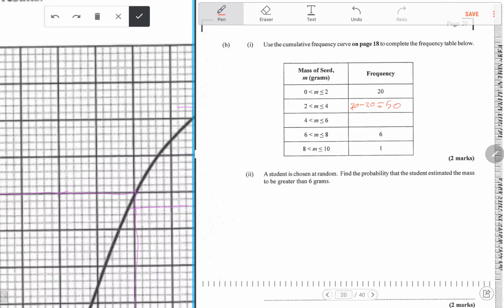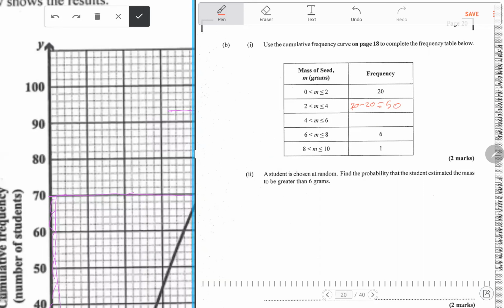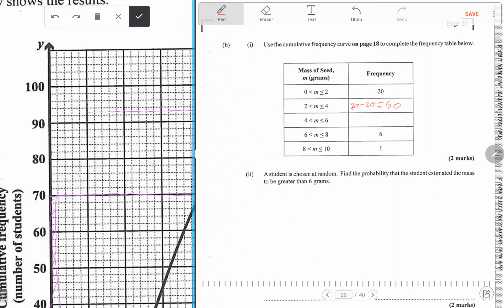Like 93 actually. It's a 93. So between 93 and 70 is the next block they're talking about. This block of students up here. And so that's 93 minus 70. How much is that? 23. Yeah, 23.